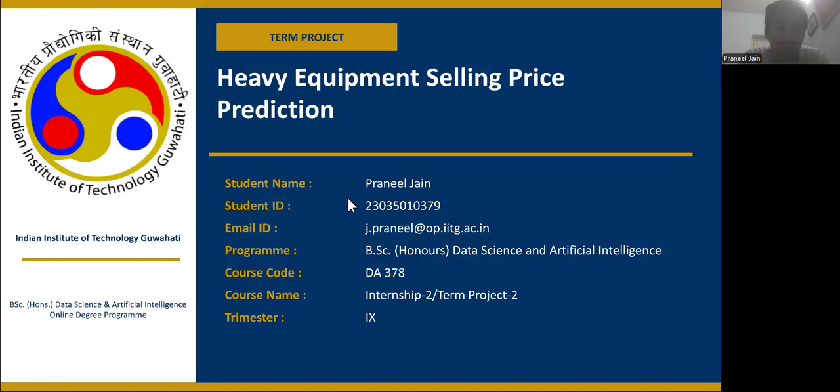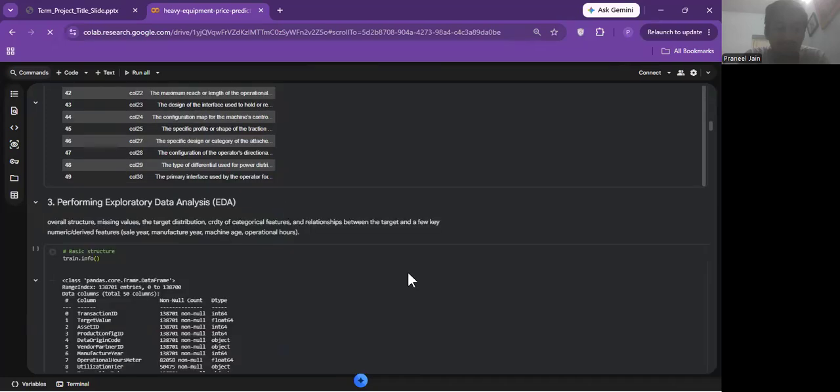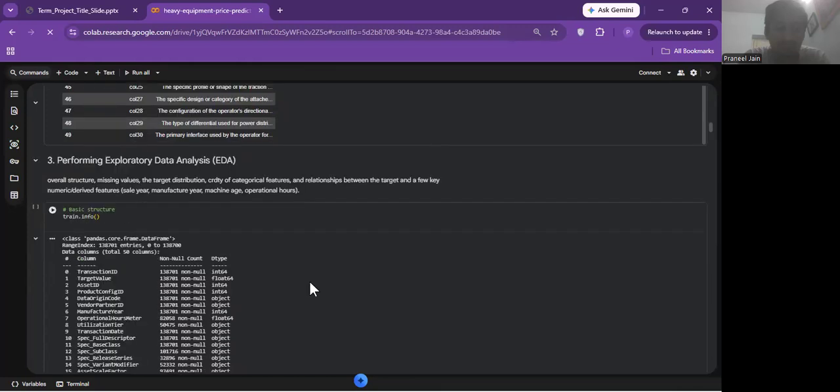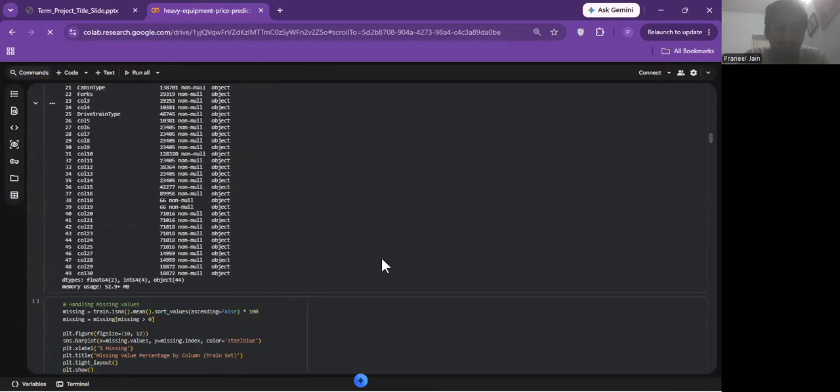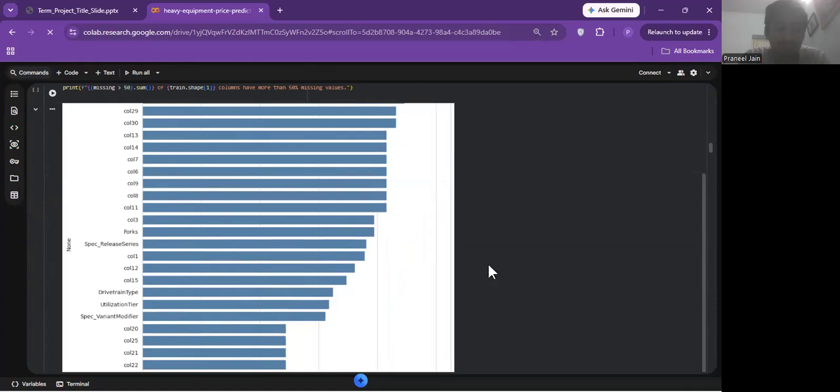So the first thing we are going to talk about is the analysis that I have done. As we can see, there are some variables present here. First, this shows the percentage of missing values in all the columns, divided by 30, 40, 60, 80, and 100.